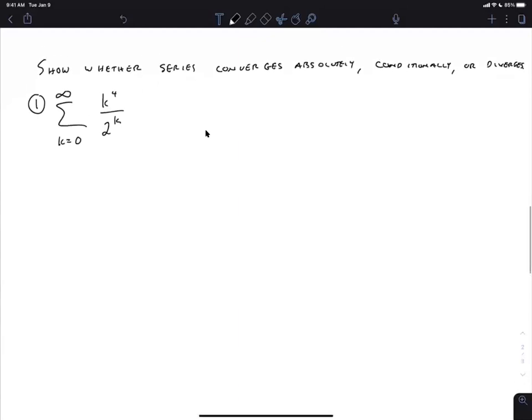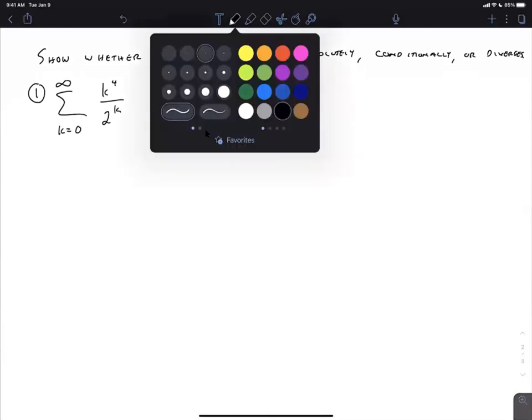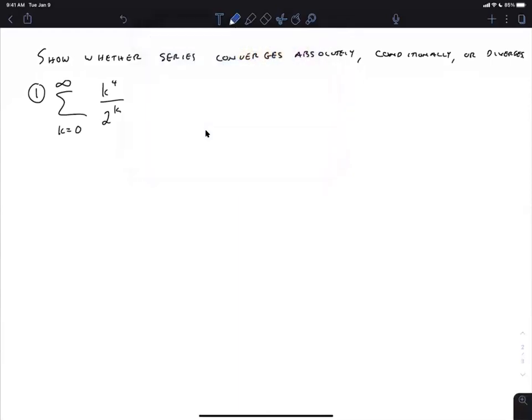Okay, and so if we're going to use the ratio test, you start by saying, the limit as k approaches infinity of the absolute value of a sub k plus 1 divided by a sub k. And the way we do that is, a sub k plus 1 means we plug in k plus 1 for all of the k's.